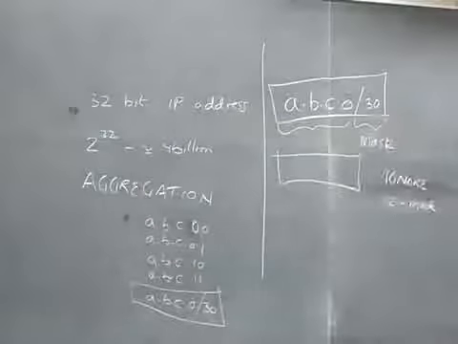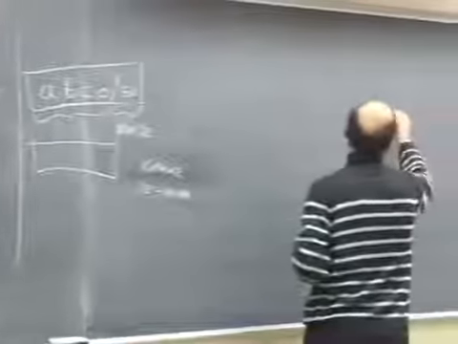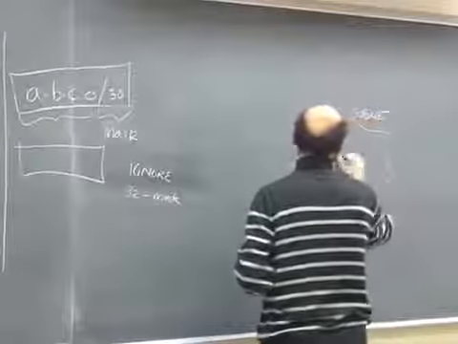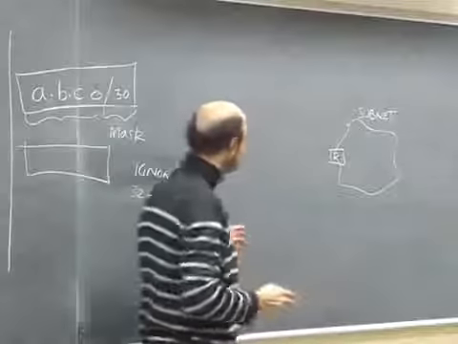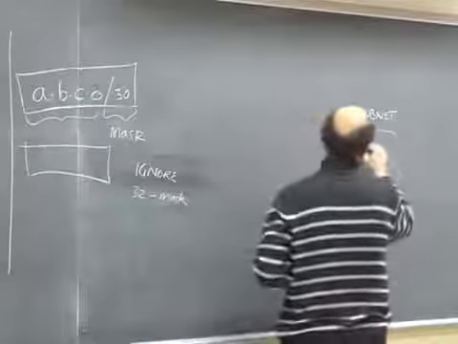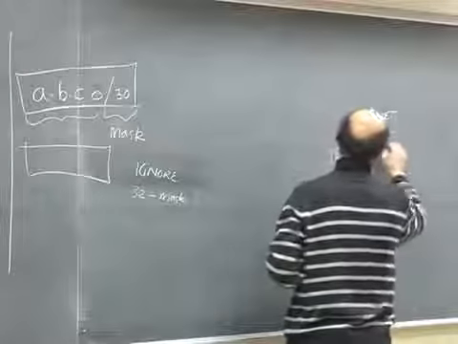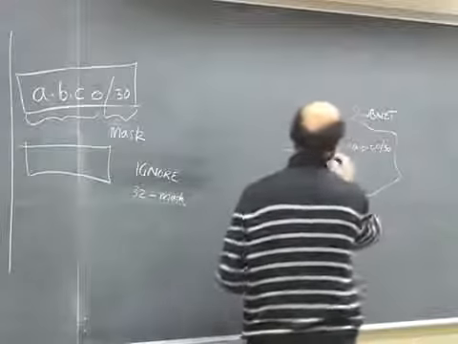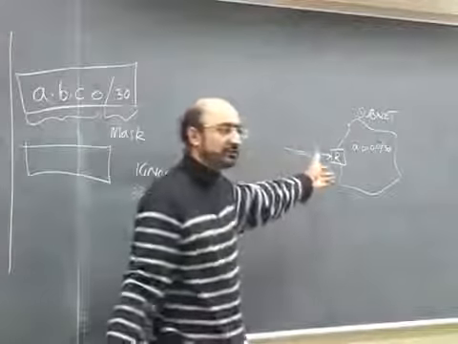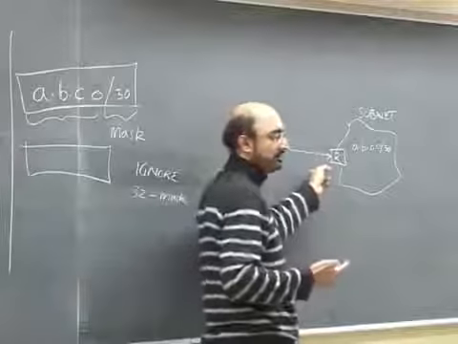Because we have what we call a subnet, and there is some way to get to it with this router R. Now, if all the addresses over here are of the form a.b.c.0, whatever, /30, then from the outside, they can ignore the last 2 bits. It just doesn't really matter what they are. They have to get to here anyhow.